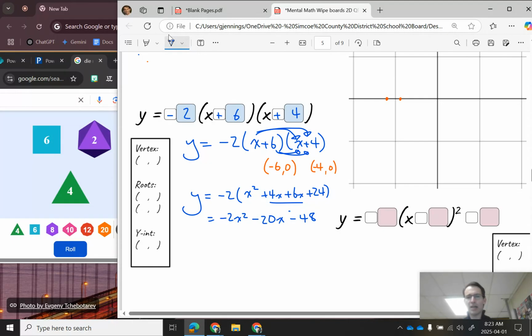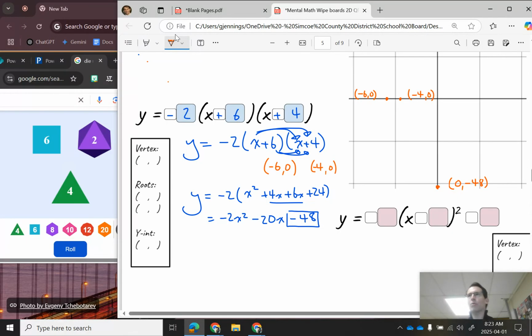Now I notice that this minus 48 corresponds to the value of the y-intercept. So that's way down there, let's say there, at the point (0, minus 48). And we've got our 2 roots here at (minus 6, 0) and (minus 4, 0).